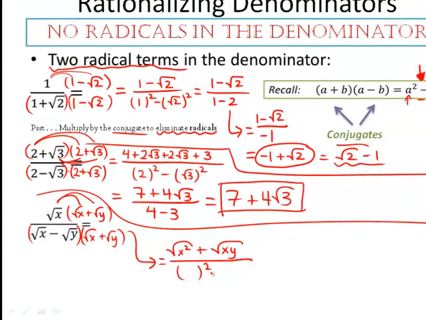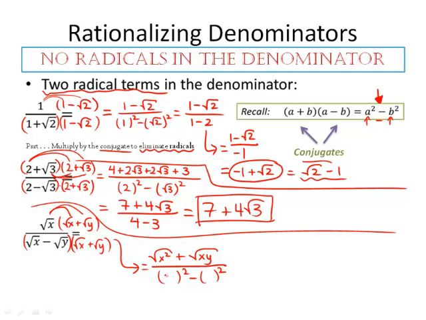That's root x squared minus root y squared, which will just become x minus y because squaring roots eliminates them. And here we get x plus root xy. So that's about as simple as we can go.